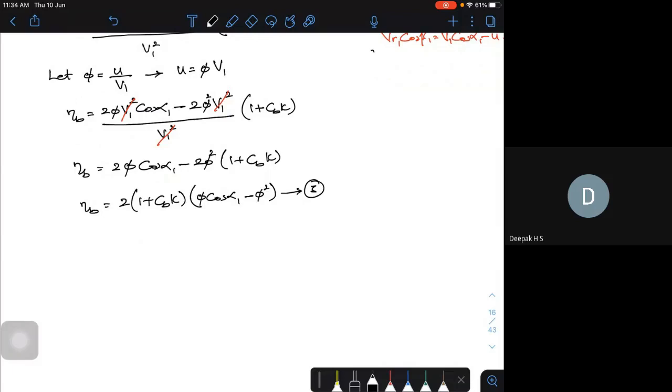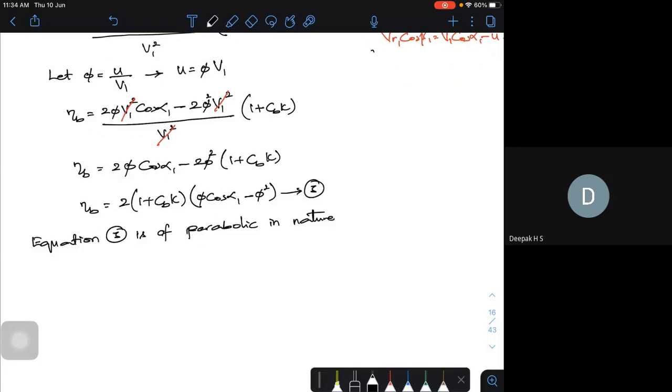All right, it's a parabolic equation. So I can write equation 3 is parabolic in nature.